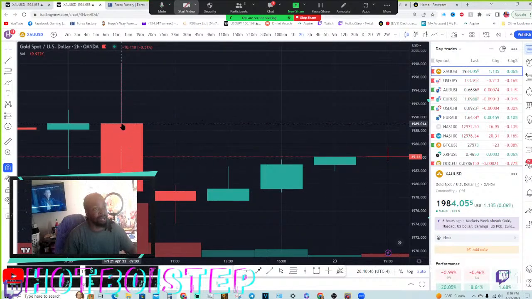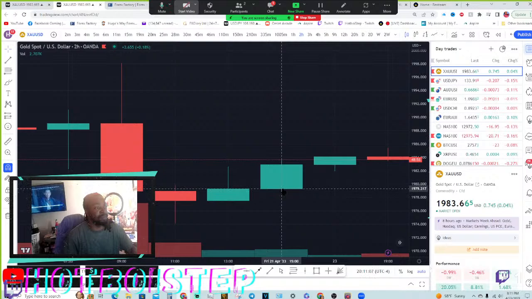That means it started here, but somewhere along the time frame it could have gone way up in the air, or way down here, but whatever it did during this time frame, it stopped right here. Like for this green candle, it started here and ended here, but somewhere within this 2-hour time frame, it went somewhere up here and somewhere down here. And that's basically how you read candles.